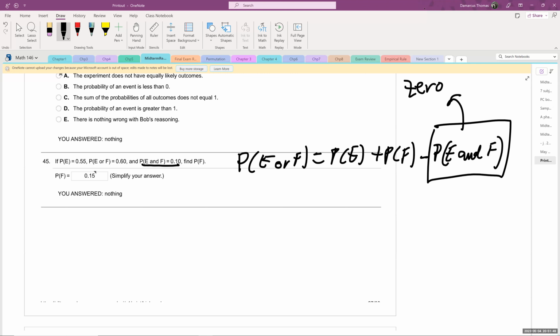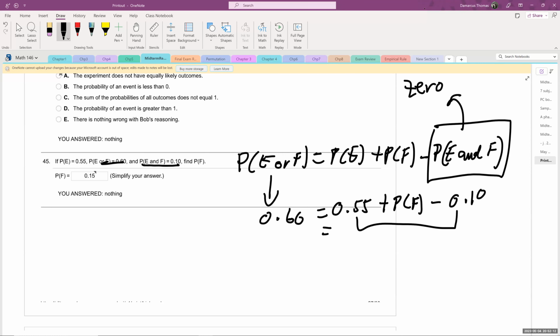Now, we know this one. They told us it's 0.6. Probability of E, 0.55. Plus probability of F, minus 0.1. We're trying to find the probability of F. Well, we could do a little bit of algebra. Let's combine some terms.